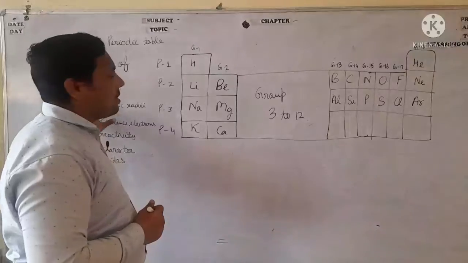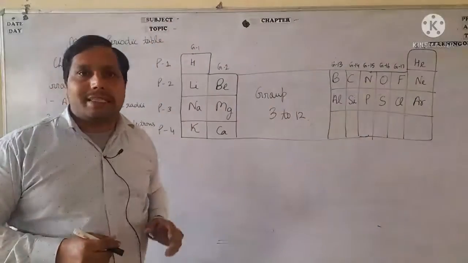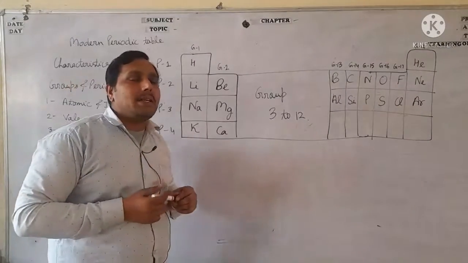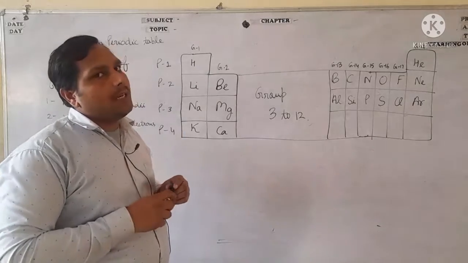First one we have to discuss is atomic and ionic radii. Dear students, atomic radius defines the distance between the nucleus center and the outermost orbital electron.